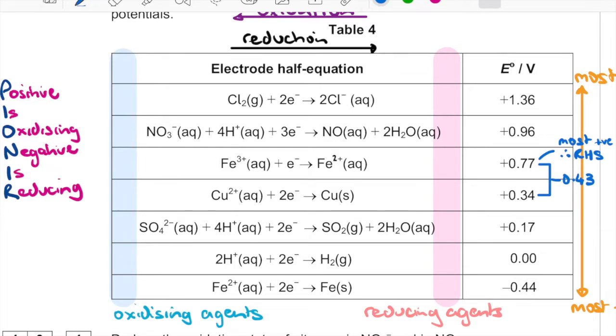So our most positive is our right, and our most negative, or least positive, is our left-hand cell. When we write this conventional cell diagram, we've got to bear that in mind. So we're going to have the copper on the left and the iron on the right.